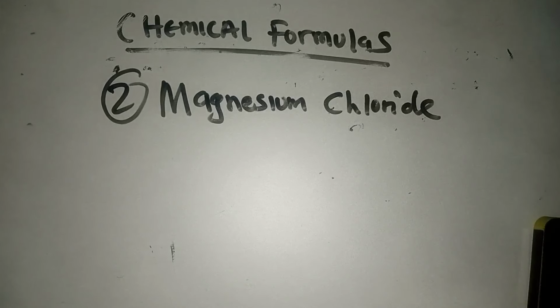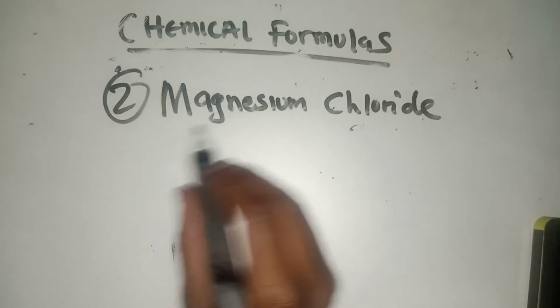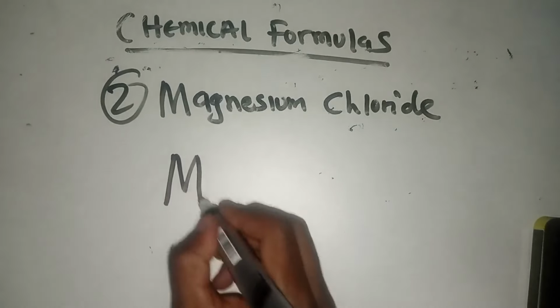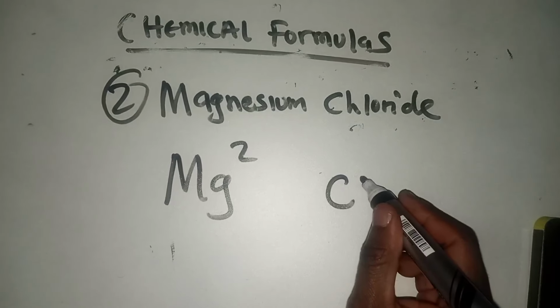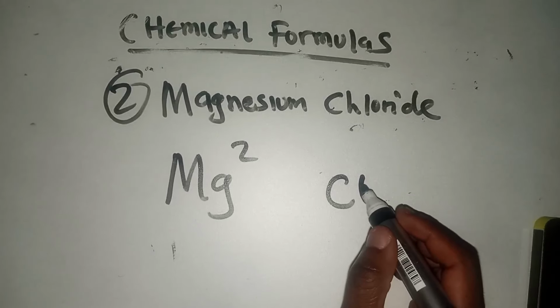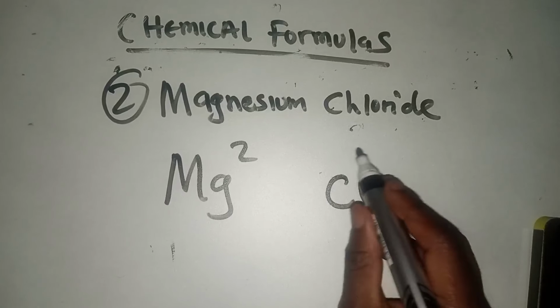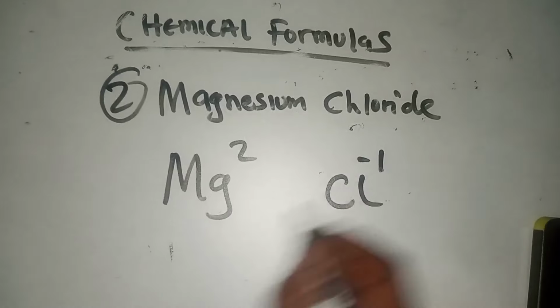So let's go. We know that magnesium is found in group 2, so it will possess a valence number of 2. Chlorine is a non-metal, found in group 7. So 8 minus 7 gives you 1, a negative charge.